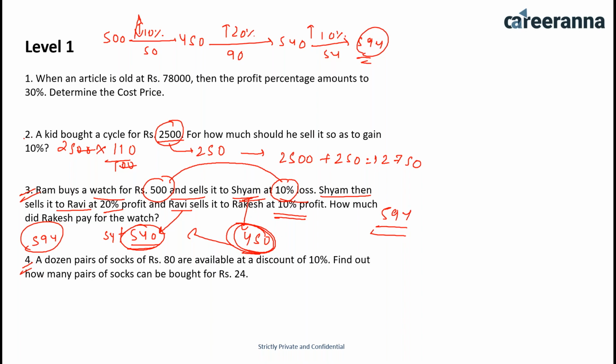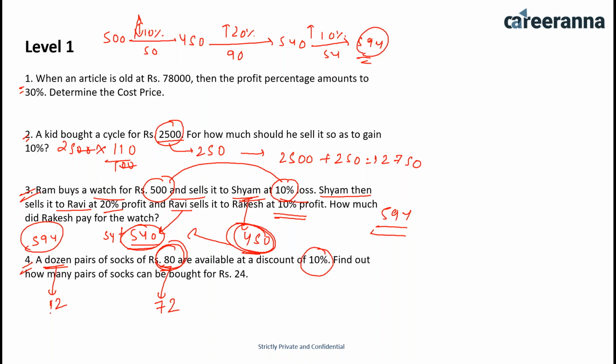Fourth question we'll solve. Are you sure? Okay, fourth question. A dozen, that is 12, for 80 rupees. Okay, so there is a discount of 10%. If I give 10% discount on this price, it is 72 now.